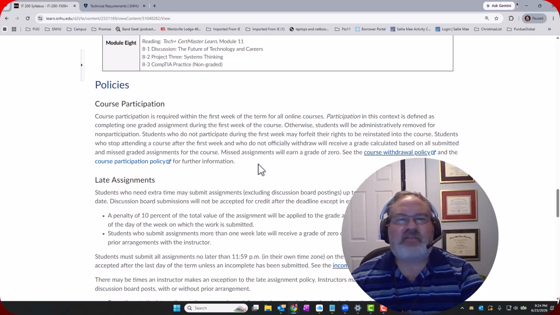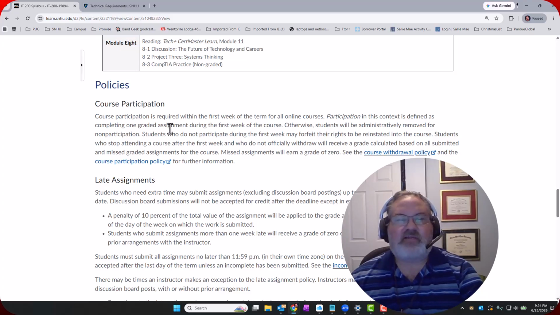Students who do not participate during the first week may forfeit their rights to be reinstated into the course. Students who stop attending a course after the first week and who do not officially withdraw will receive a grade calculated based on all submitted and missed graded assignments for the course. Missed assignments will earn a grade of 0. See the course withdrawal policy and the course participation policy for further information.